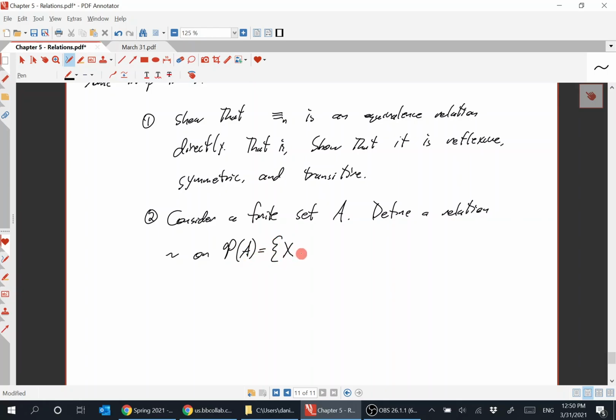It's the set of all subsets of A. It's the set of all sets S, where S is a subset of A. So define a relation on the power set of A by S is related to T when the order of the symmetric difference of S and T is even.